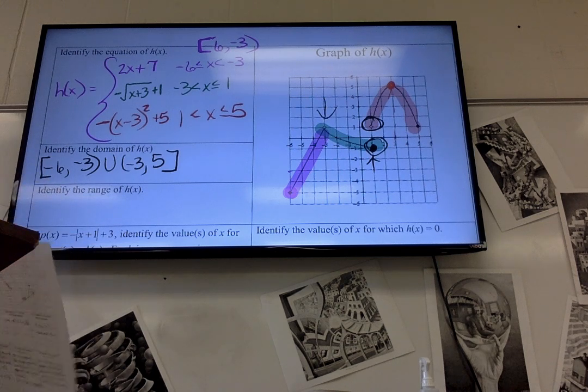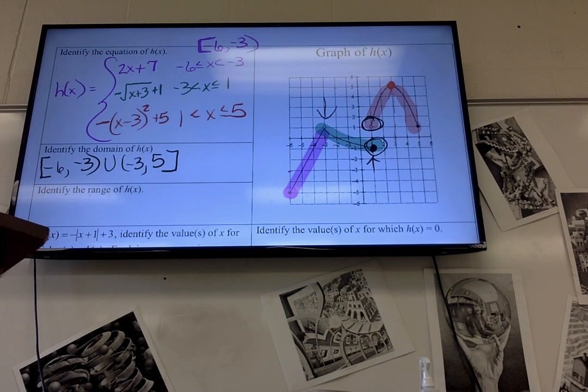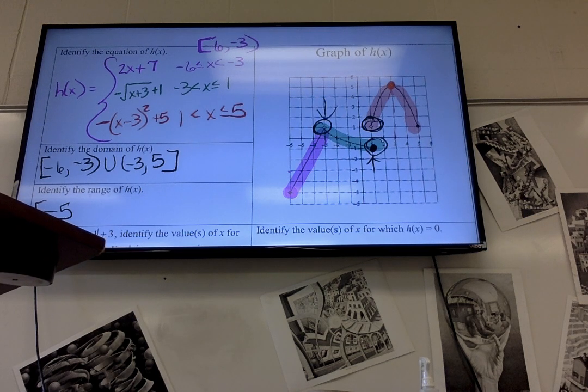Okay, the range would be the y's. The range goes from what's the lowest y? -5. -5 is included. And then I'm going up. I worry about holes unless I have, like here and here, I would have a hole at 1, but there's a point at 1. As long as I actually have a point there, I'm good.